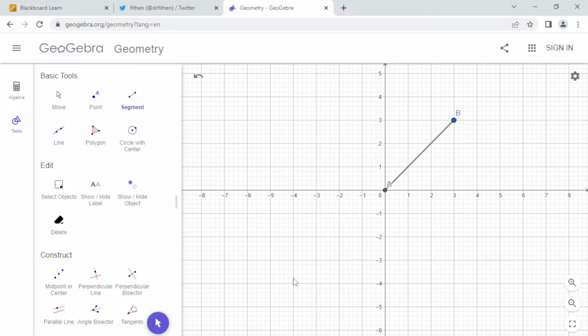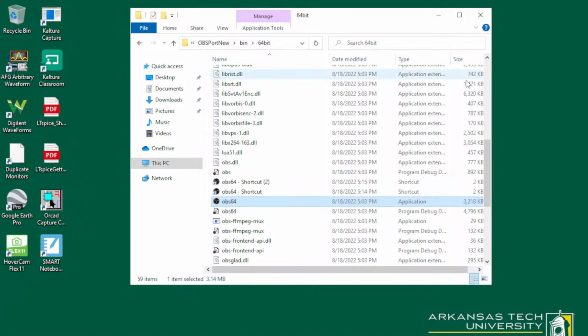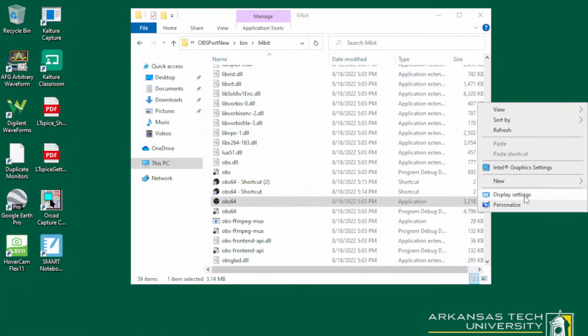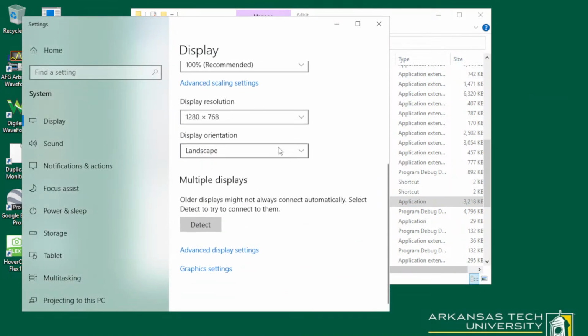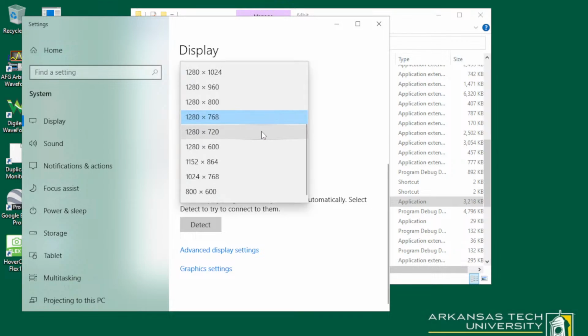I don't know how to get the aspect ratio correct. But on my regular monitor right here, it looks perfect. On this one, it doesn't look right, and on that one, it doesn't look right. But I think I'm just going to go with it. I don't know anything else to do.